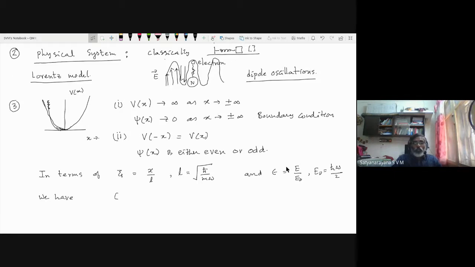Epsilon is equal to 2n plus 1, n is equal to 0, 1, etc., which is equivalent to saying that En is equal to n plus half into h cross omega. These are the energy eigenvalues.